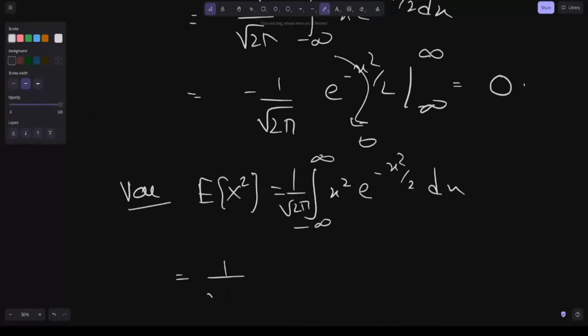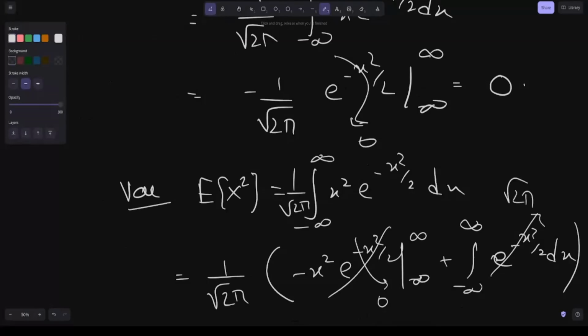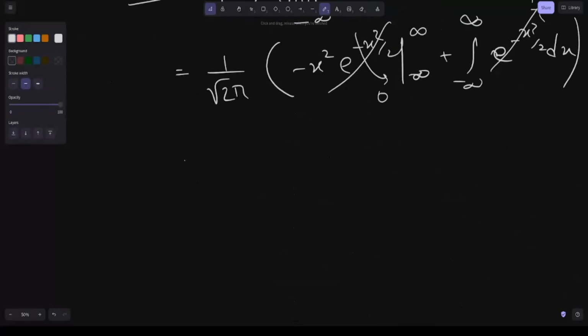So what is it? 1 by root 2 pi, minus x e to the power minus x square by 2 from minus infinity to infinity, plus integration from minus infinity to infinity e to the power minus x square by 2 dx, right? So this first part is 0, and you calculated the other part earlier on. This is root 2 pi, so the variance comes out to be 1. So the expectation and variance are 0 and 1, so it is very similar to the mu and delta.